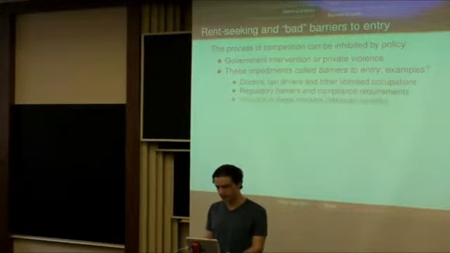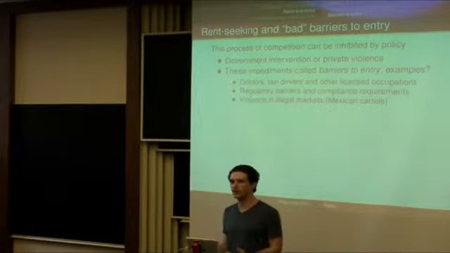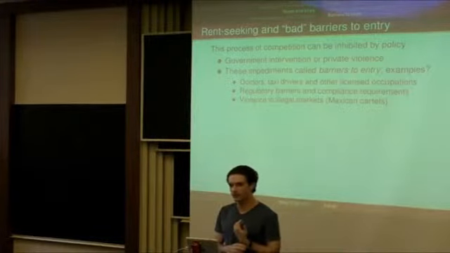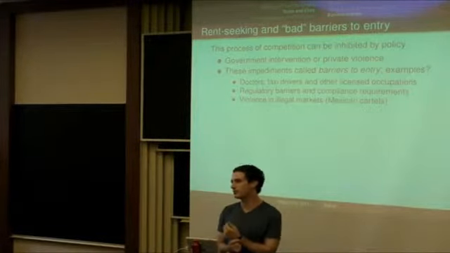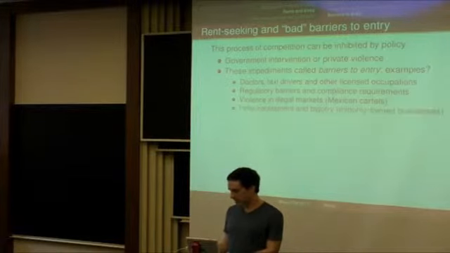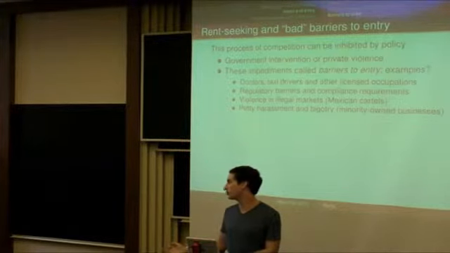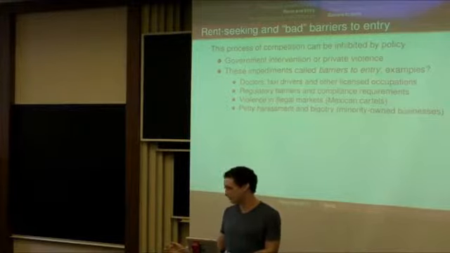A classic example is that in Mexico, the cartels basically kill anyone who tries to distribute drugs, right? So that's another way you can keep people out of an industry. And the mafia does that in a lot of industries. Another thing that can happen is that if a black person comes into a white neighborhood, especially during the 1950s, and opens a store, they can get harassed by a lot of people, or the mafia, or the Ku Klux Klan can come and harass them.